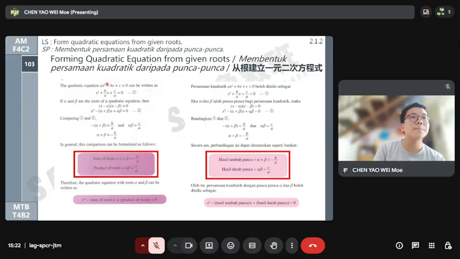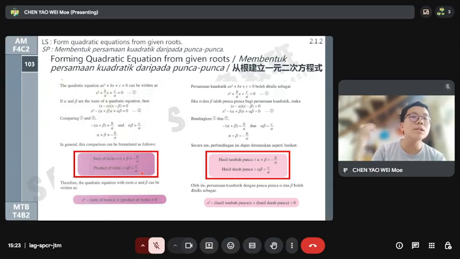Because here is positive b over a, we want to make it become positive, so I can make the negative go aside here, so that my sum of roots equals negative b over a. How about alpha beta? They always remain the same. So alpha beta equals c over a. That is the product of roots, c over a.